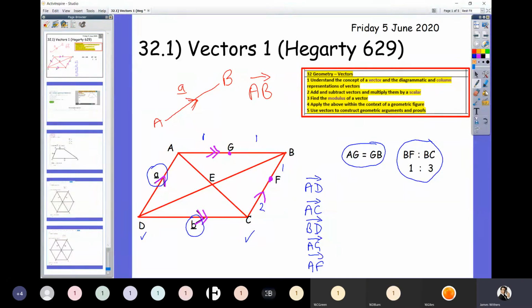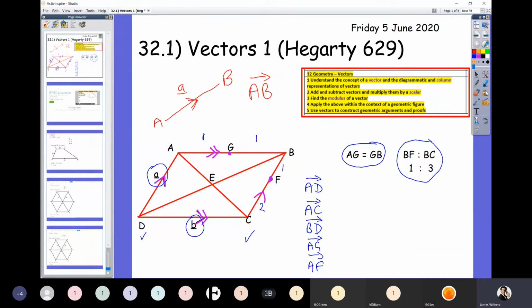So what questions we'll be asking you to do is to describe all these ones I've done over here, like from A to D or A to C, but in terms of little a and little b. Okay, so let's just put what we know onto the diagram. Because it's a parallelogram, going from D to A is exactly the same vector as going from C to B. They are equal in length and they are equal in direction.